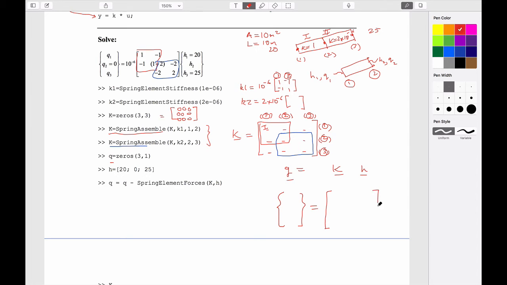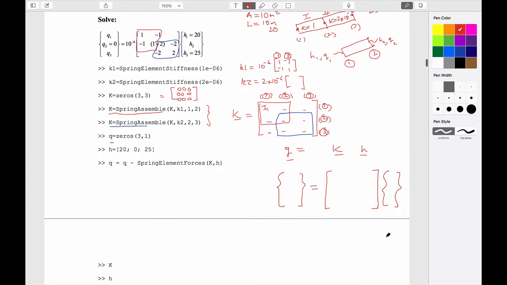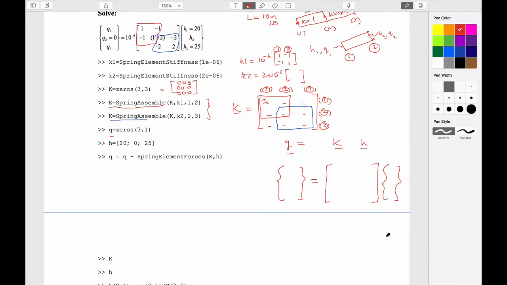We know that K is a 3 by 3 matrix. And we know that heads are going to be that. So we put our terms in here. Initially these are zeros because we don't know what they are. We certainly know that Q2 has to be 0, but we actually don't know what these are yet.